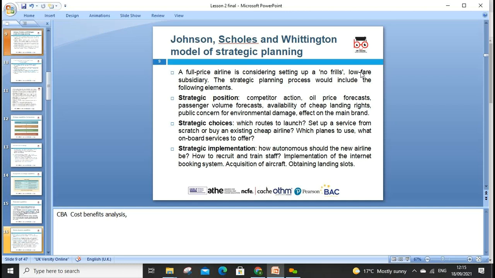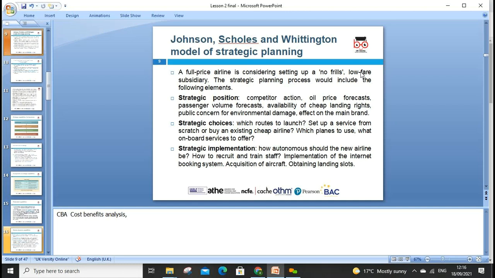We can look at British Airways or any other airways, cheap landing rights, public concern, environmental damage. Strategic choices: which route to launch, set up the service from scratch or buy an existing cheap airline, which plans to use. So all these strategic choices we have, and we can plan and implement.